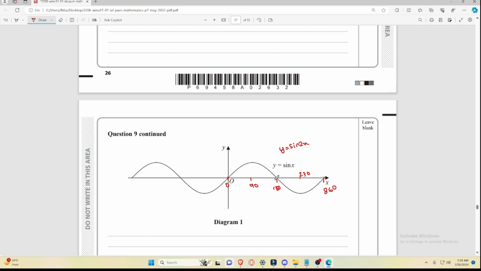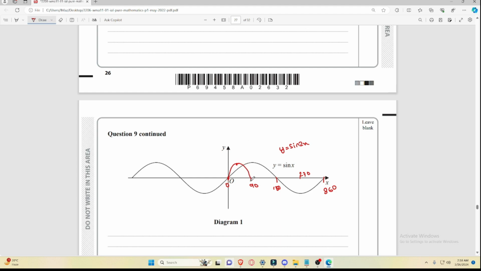What does it mean? For example, it is reaching maximum at 90. Y equal to sine 2x will reach a maximum of 1 at 90 divided by 2, so it will reach a maximum at 45. It is cutting the x-axis at 180, so it will not cut at 180 now, it will cut its first x-axis at 90.